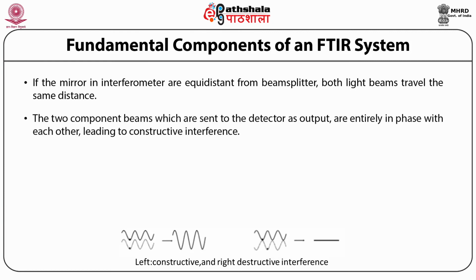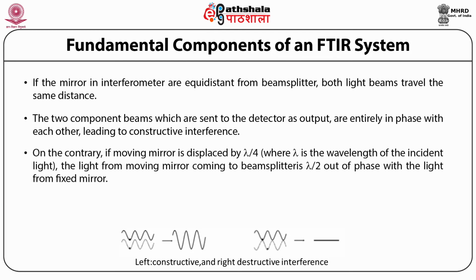The two component beams which are sent to the detector as output are entirely in phase with each other, leading to constructive interference, whereas the two component beams sent to the source are completely out of phase to each other, resulting in destructive interference. Thus, the entire incident light reaches the detector and none reaches the source.